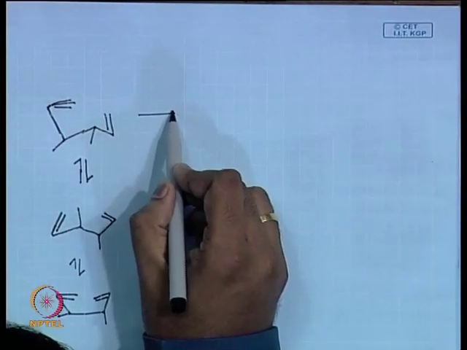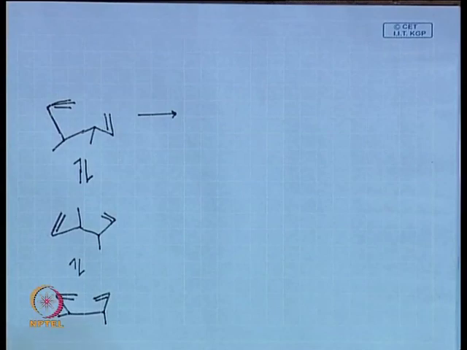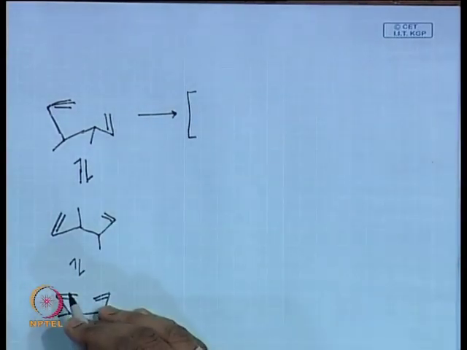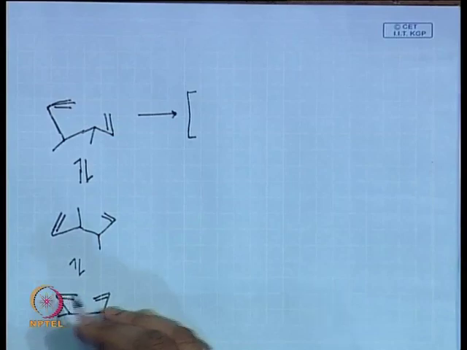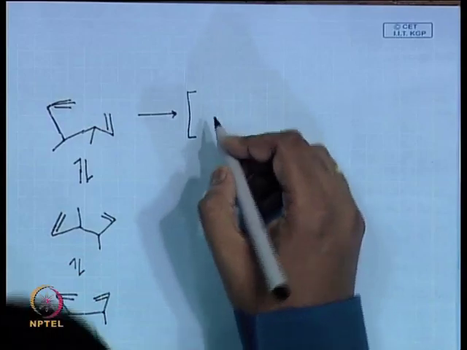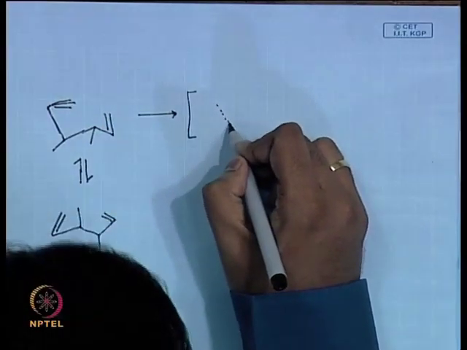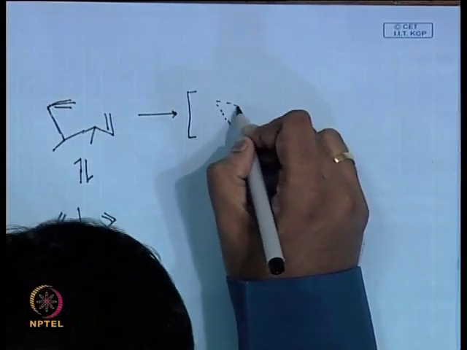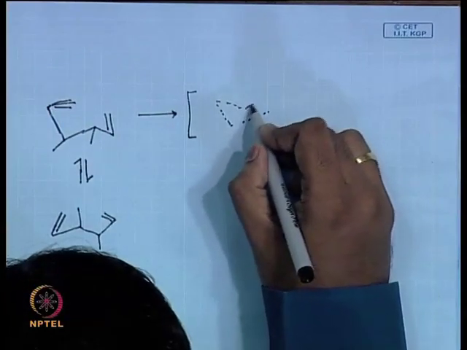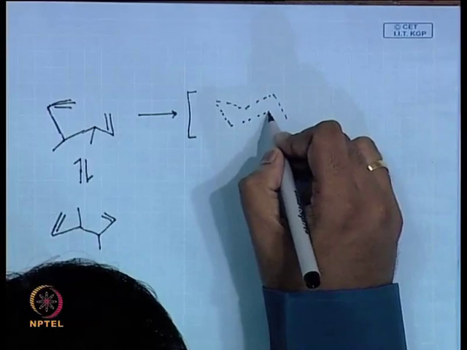If I write the transition state for this, can anyone write the transition state? What transition state can you look for, because the bond has to move? So, you get a nice 6-membered transition state. See, this is the beauty of Cope.